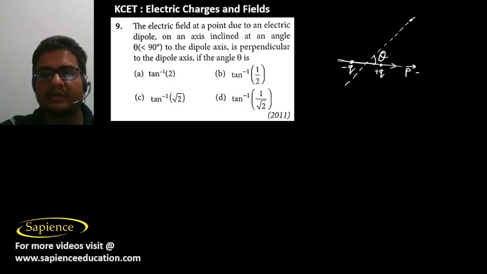The net electric field should be perpendicular. Here we can take the components of p. This will be p cos theta, and this will be p sin theta.